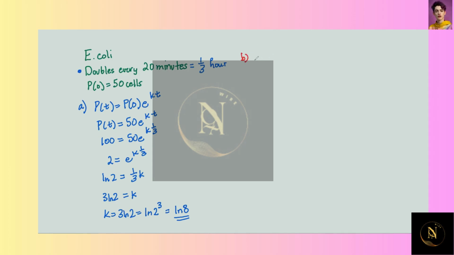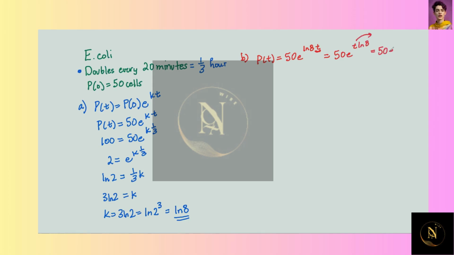find our general formula. So P of t, now that we know k, our general formula is 50 e to the ln of 8 times t. And I can manipulate this. I have a t multiplier, so if I rewrite it as t ln of 8, that t can become an exponent.